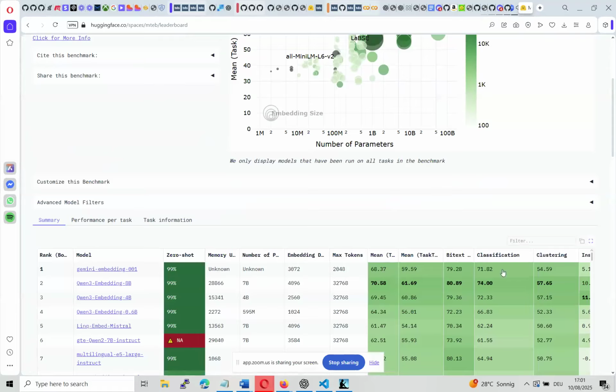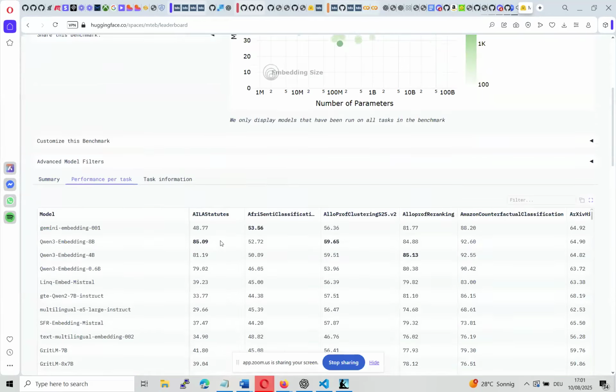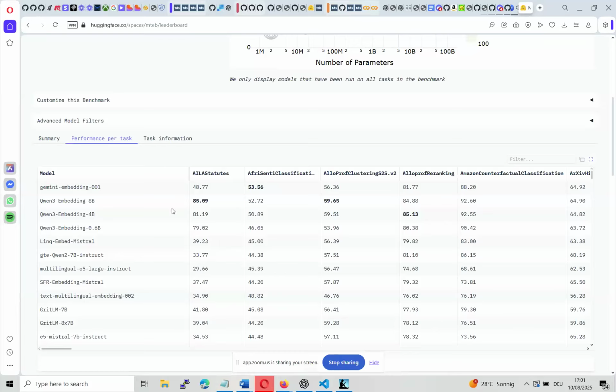I will come back to that. And here are all the tasks for which an embedding model can be fine-tuned: clustering, re-ranking, classification. So there are different tasks for which these embedding models can be fine-tuned.